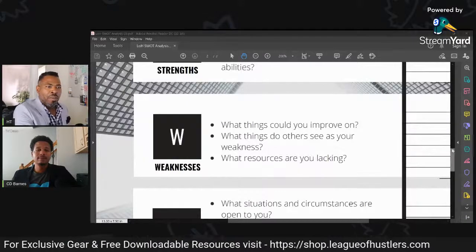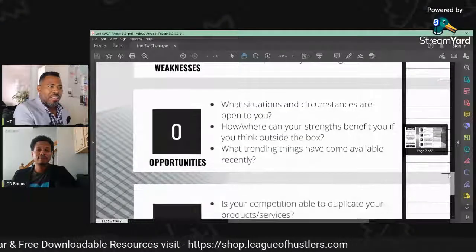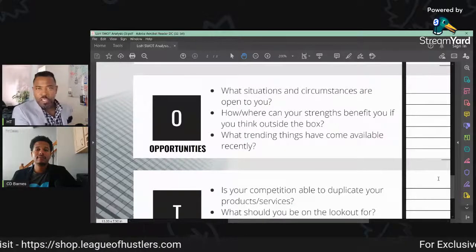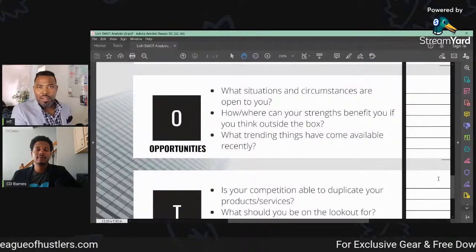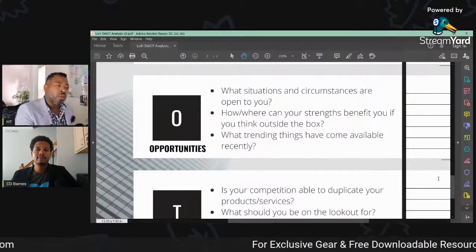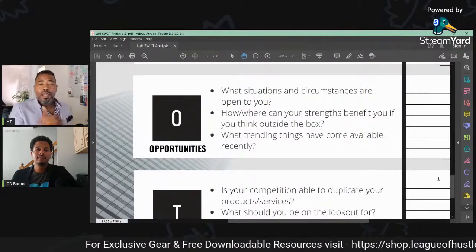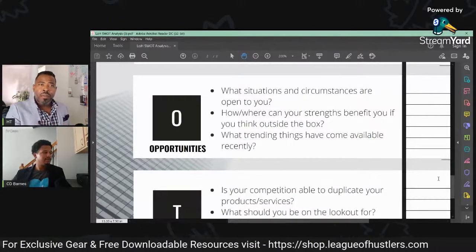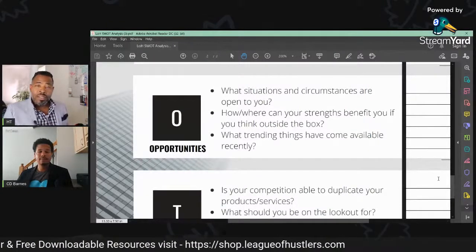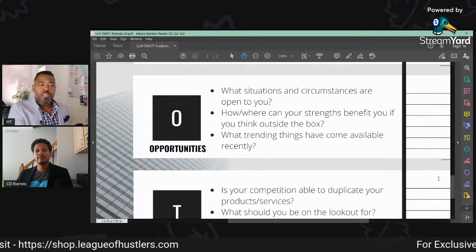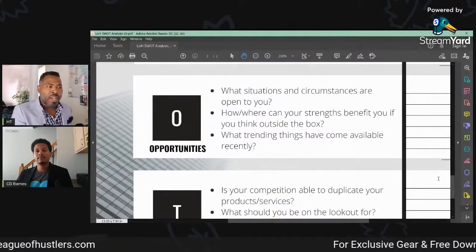All right, so moving right along. Next is opportunities. First, you examine your strengths, then you examine your weaknesses, then you move into your opportunities. What opportunities does this new project or business idea present?